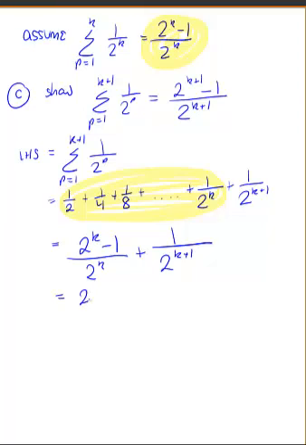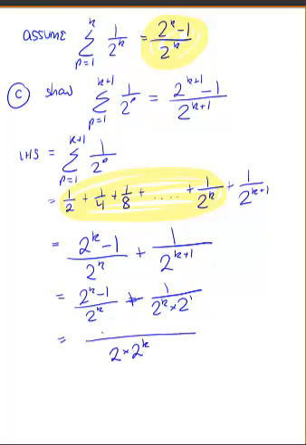Okay, now I'm going to play with 2 to the k minus 1 all over 2 to the k plus 1 over 2 to the k times 2 to the 1. So I've just split this up into these two. From there, get a common denominator. So I need an extra 2 on this side. That stays the same.